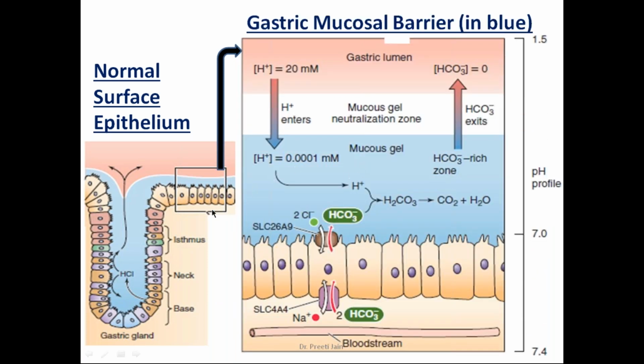You can see that there is a layer which is shown here. This blue layer shown here is your gastric mucosal barrier, right? So this is the surface epithelial cell. This is the interstitial fluid. This is the blood. So this is the basolateral side of the surface epithelial cell. This is the apical side of the surface epithelial cell.